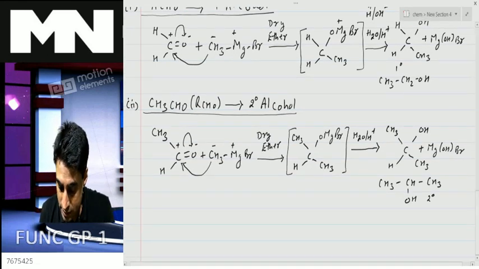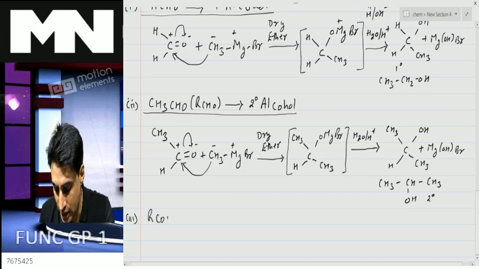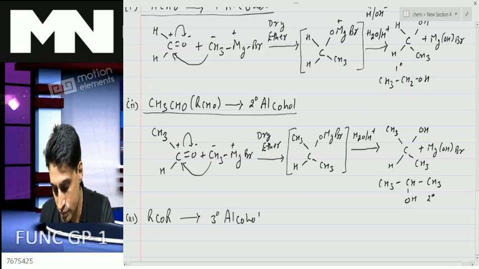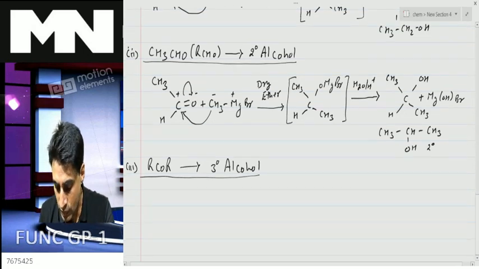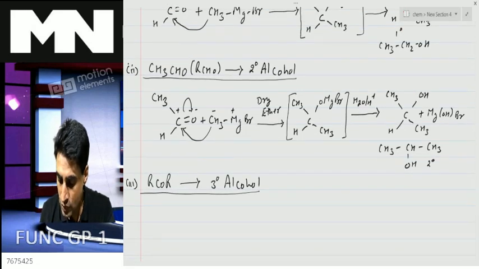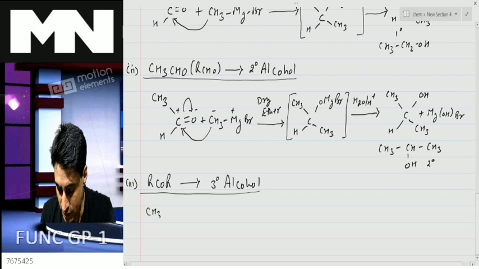The third one is RCOR, that is a ketone, which will give you a tertiary alcohol. Here in this case, I'll show you acetone, propanone. So the compound I have got is this.